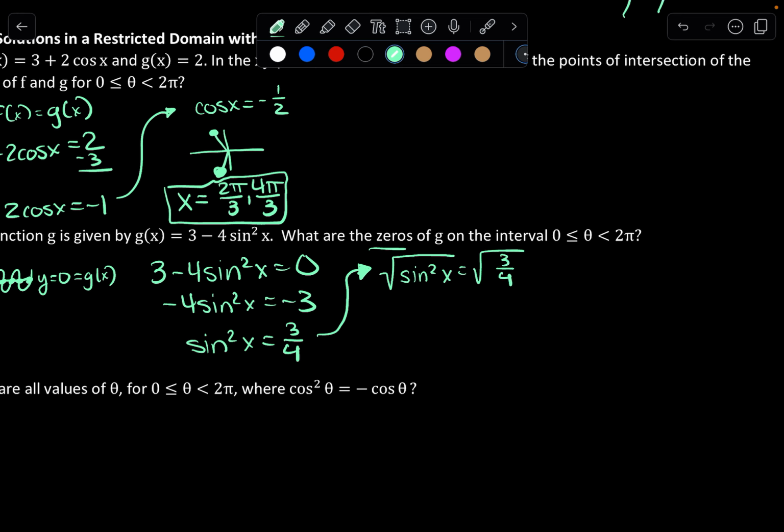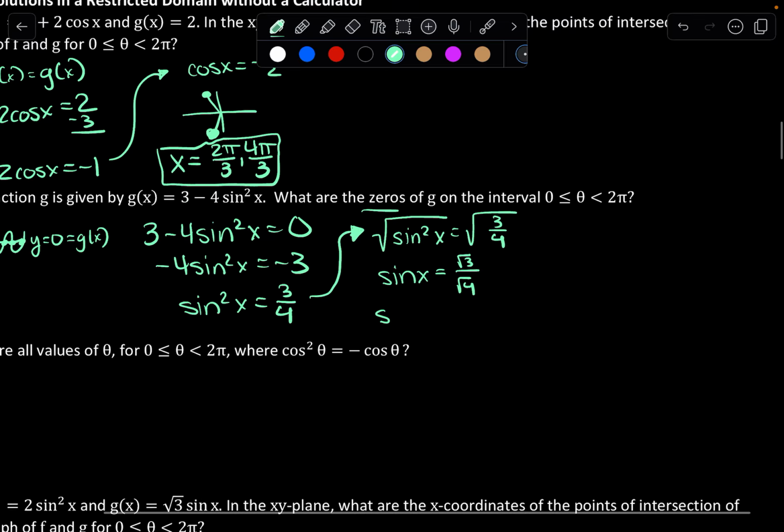So on the left side, I'm left with sine x, and then on the right side, properties of radicals, we'll have radical 3 over radical 4, and radical 4 will just be 2. So I end up with root 3 over 2.